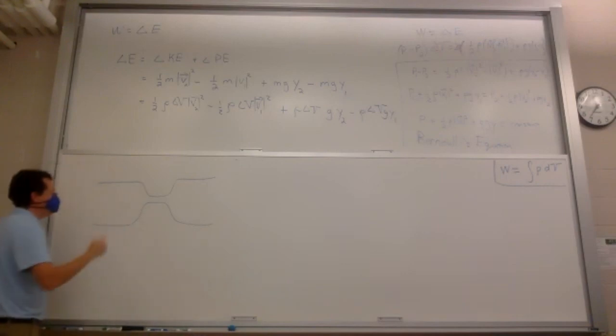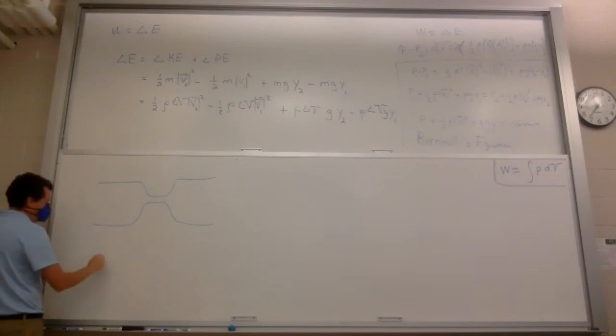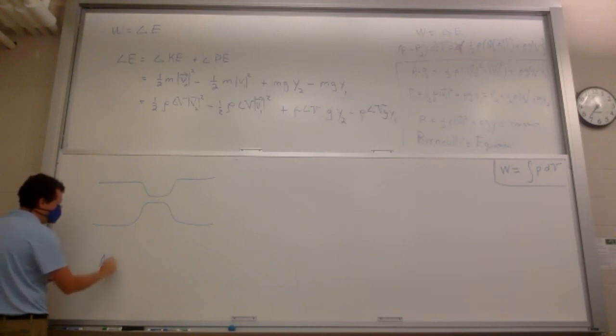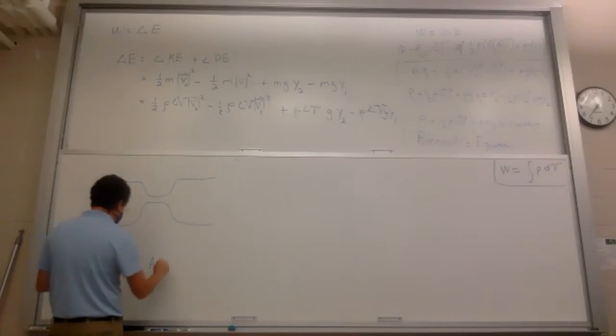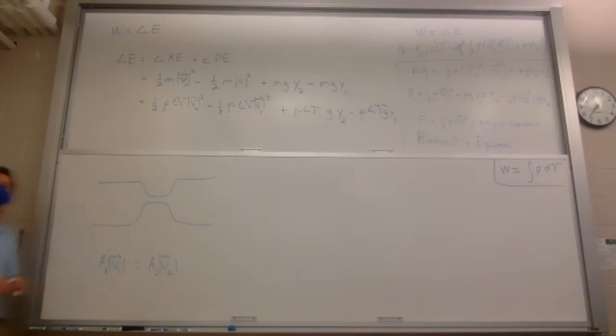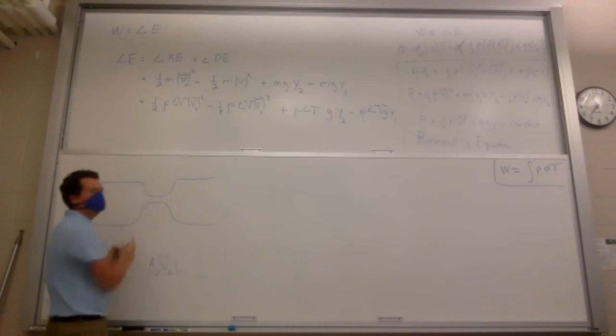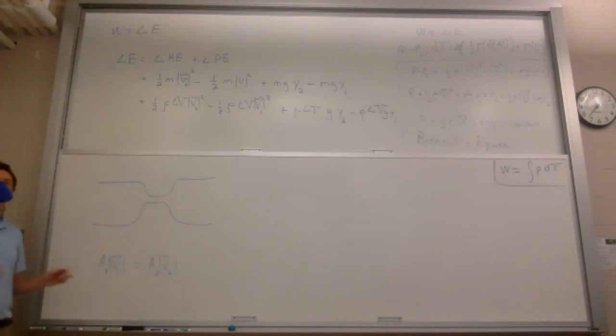So the volume flow rate says that A1 times the velocity at side 1 equals the area at 2 times the velocity at 2. And 1 and 2 could be any points in the fluid. They don't have to be the end points. I can make this 1 and I can make this 2. These are arbitrary points that we're talking about.